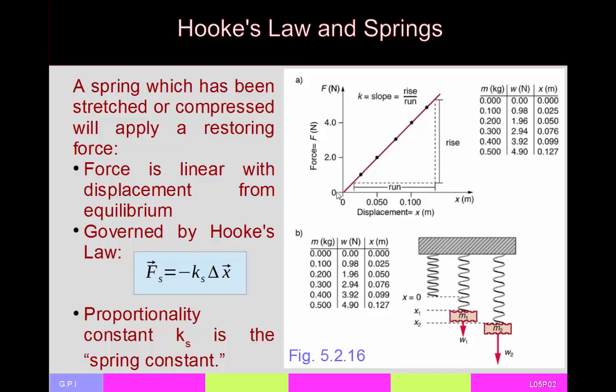In fact, we do that in one of the earlier weeks in lab, in which you take a spring and keep adding weight to it and measuring how much it stretches, and eventually you get a straight line of how much weight you've added versus how much it's stretched. The slope of that line is actually your spring constant, etc.